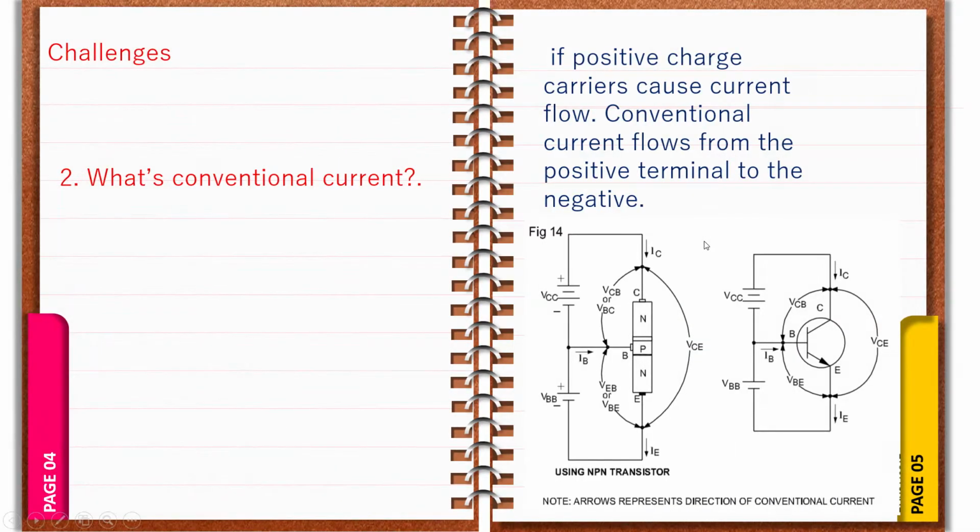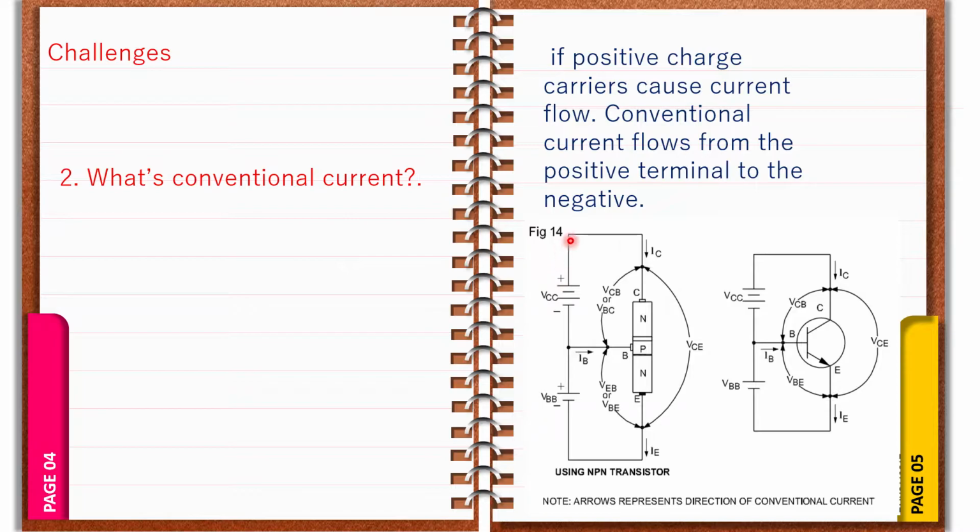Next, what is conventional current? In the VCC collector supply voltage and the VBB base supply voltage, you can see that there is a plus symbol and another one is a minus symbol. The base current is coming from the plus terminal, and here also the collector current is coming from the plus terminal.